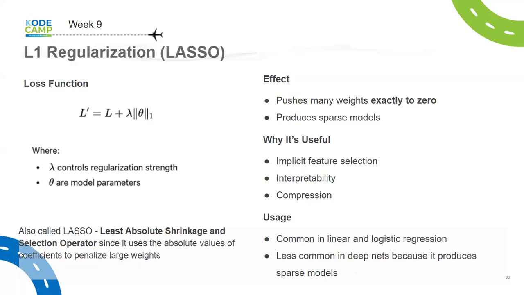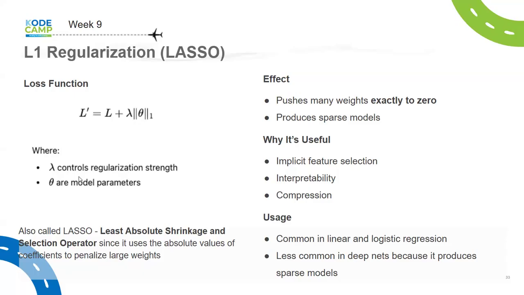Mean square error is using a square of the errors, while mean absolute error is using the absolute value of the errors. Same thing here. Here you are using the absolute value of the parameters. So whether the parameter is negative or positive, they all come out positive and they are all added together simply, right? And then you still apply the regularization factor or constant. Okay. And it's the same thing, right?